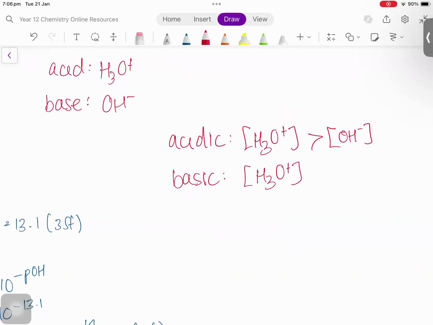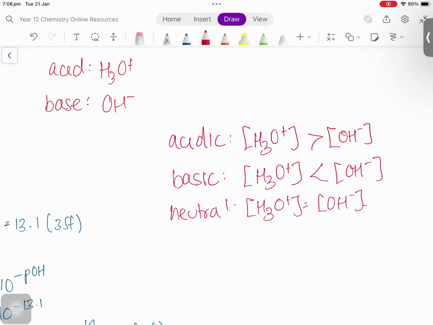Okay, so for a base, the H plus is actually less than the OH minus. So then, guys, if a question asks you what's a neutral solution, a neutral solution isn't something that doesn't have H plus. It's not something that doesn't have OH minus. When something's neutral, what that actually means is it has equal parts the acidic component, equal parts the basic component.